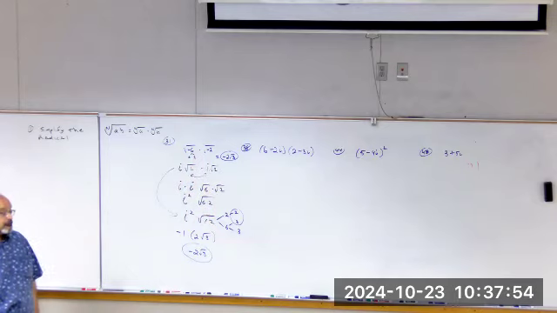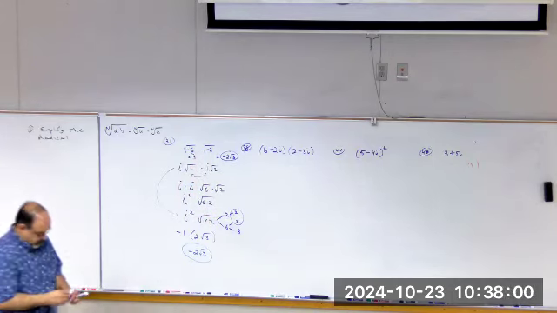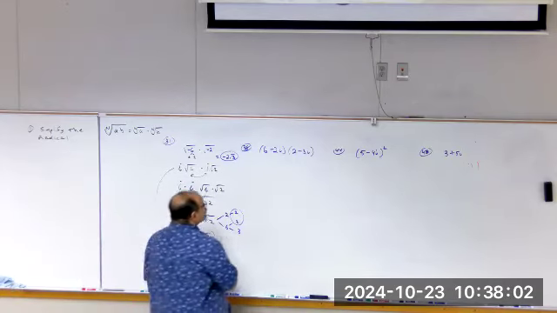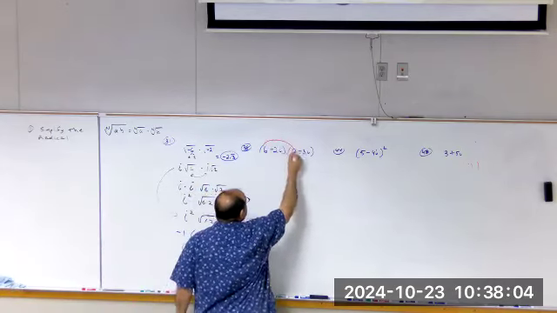On 38, we're just distributing, boil it out. First term times first term, 6 times 2 is 12.